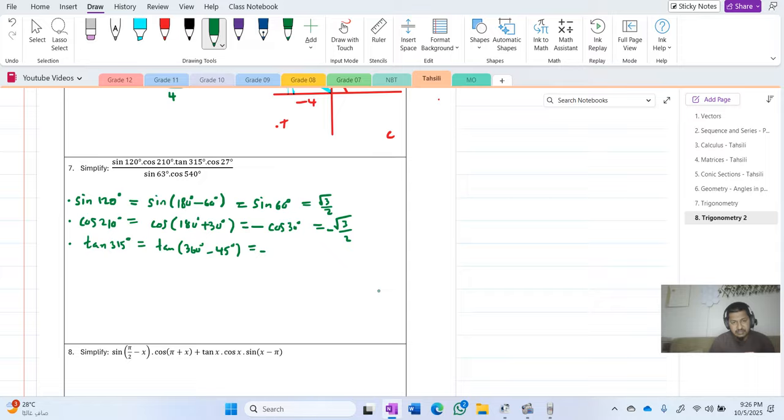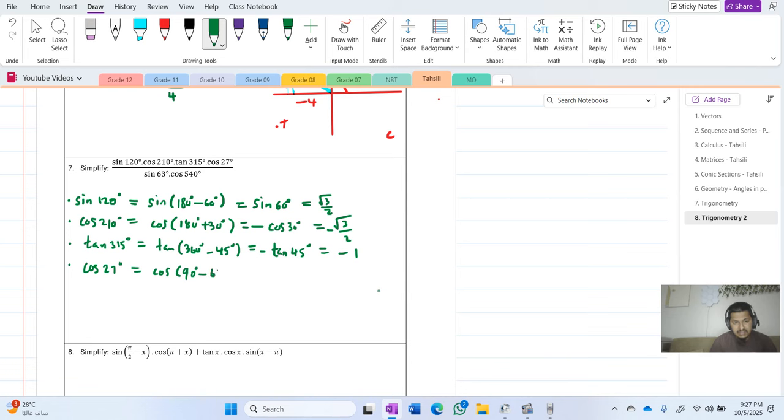Next one, we want to simplify cos 27. You can use co-ratio, which is the same thing as saying cos of 90 minus something will give you 27, which is 63, right? I didn't change anything here. Cos of 27 is cos of 90 minus 63.